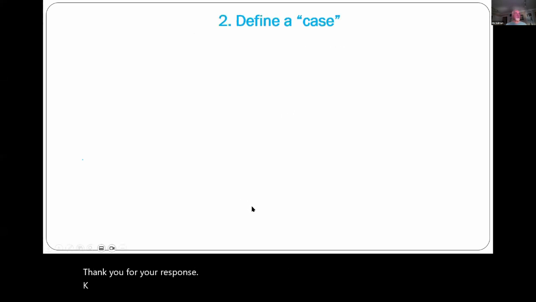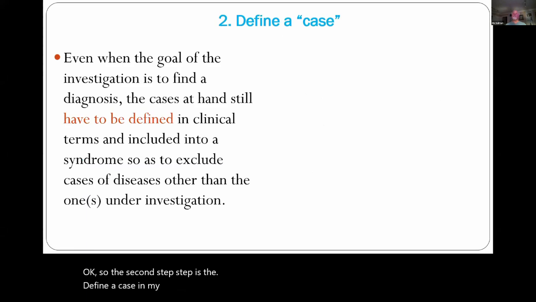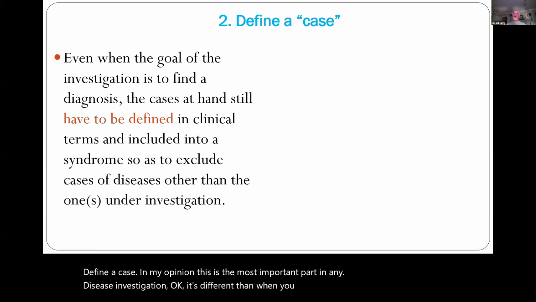So the second step is to define a case. In my opinion, this is the most important part in any disease investigation. It is different from when you do epidemiological studies like case control or cohort.